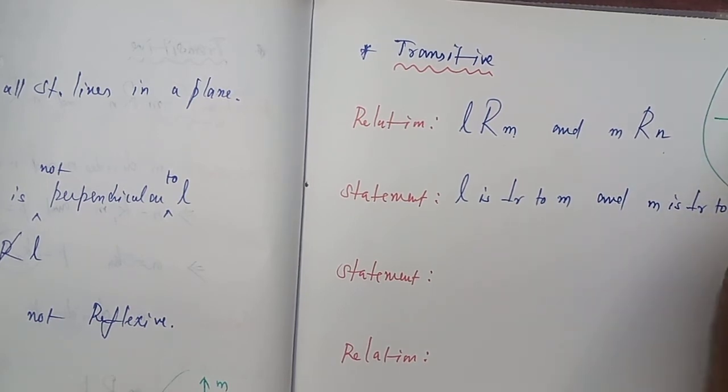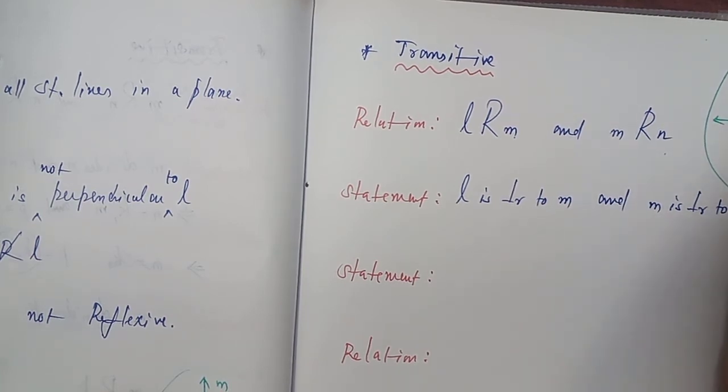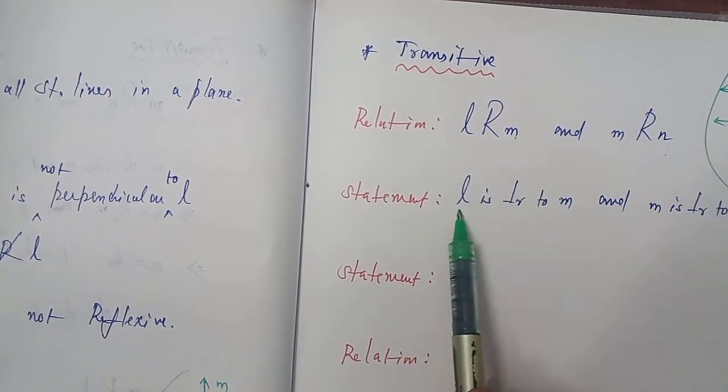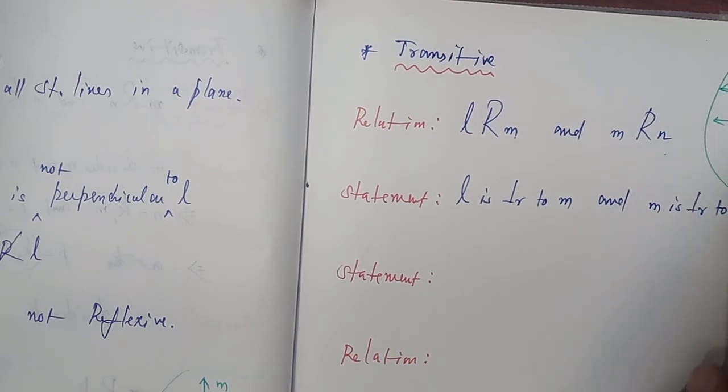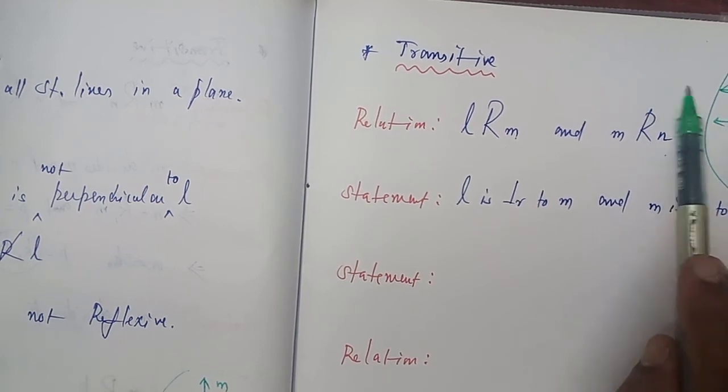Here I take L, here I take M. Here L is perpendicular to M. Now I am going to draw one more line that is perpendicular to M. Listen, L is perpendicular to M, correct? M is perpendicular to N. This is M, correct? M is perpendicular to N.